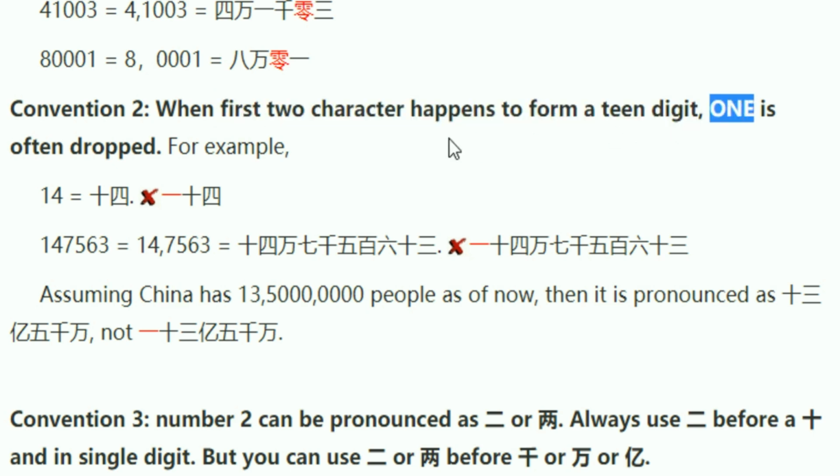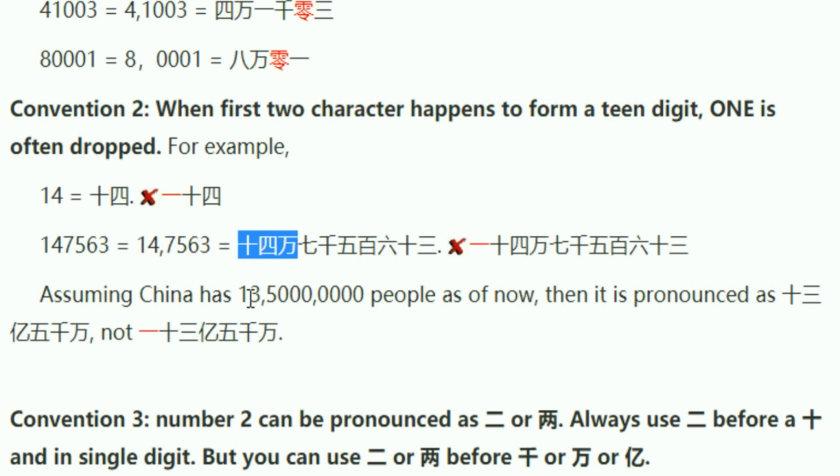So instead of saying 一十四, we say 十四. Next one, add a comma here. This is a 万. We would say 十四万7563, we don't say 一十四万. We drop the 一.